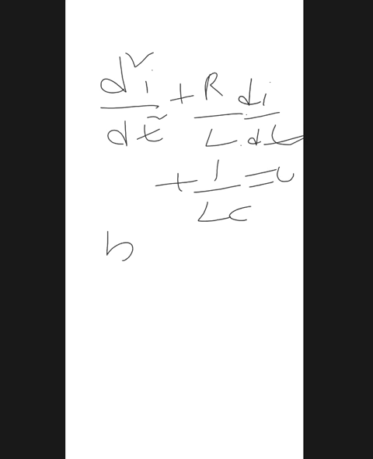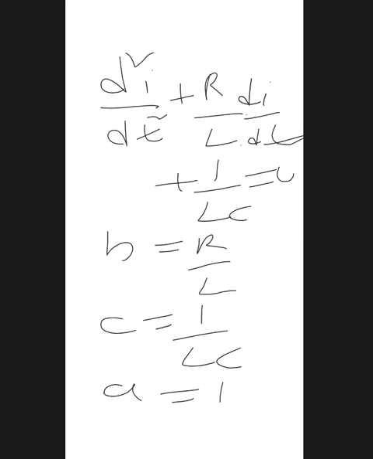Here b is equal to R by L, c is equal to 1 by LC, a is equal to 1. We have ax square plus bx plus c is equal to 0. Clear? This is a quadratic equation.